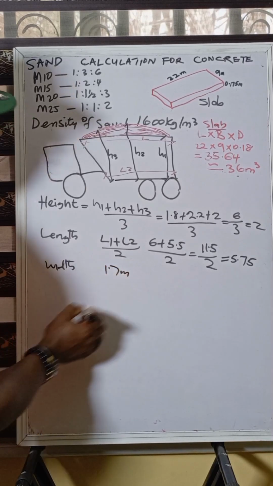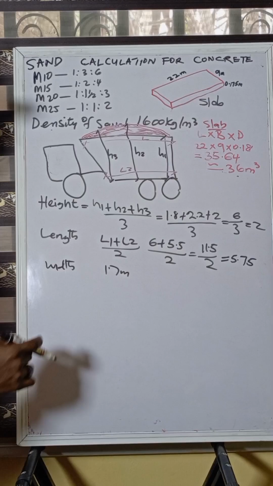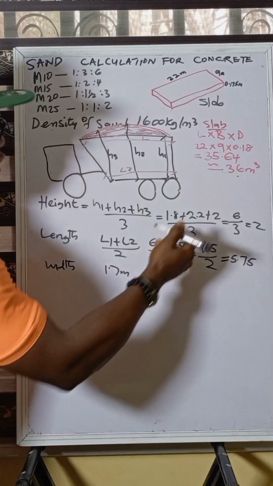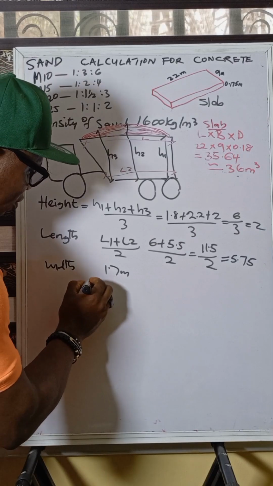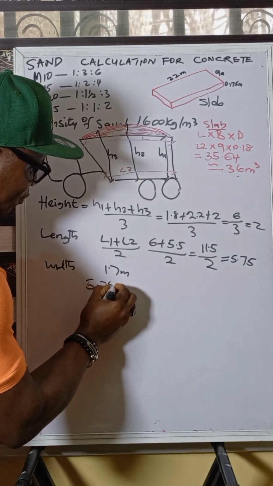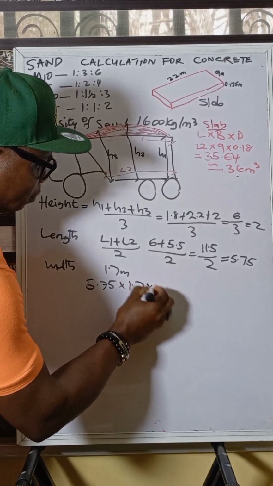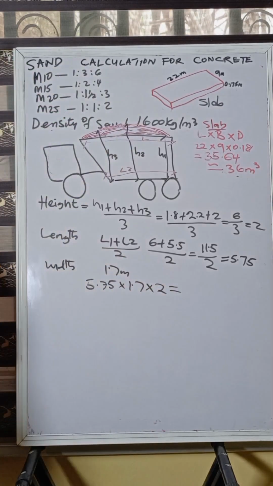While for our width, it is 1.7 meter. So for us to calculate the volume of this sand, since we've determined our height and our length, and we know our width, we simply multiply 5.75 by 1.7 by 2 meter.